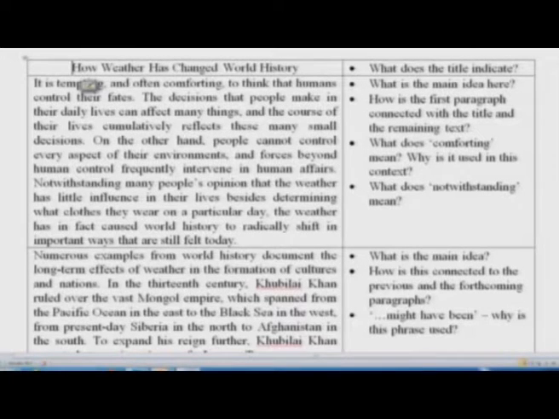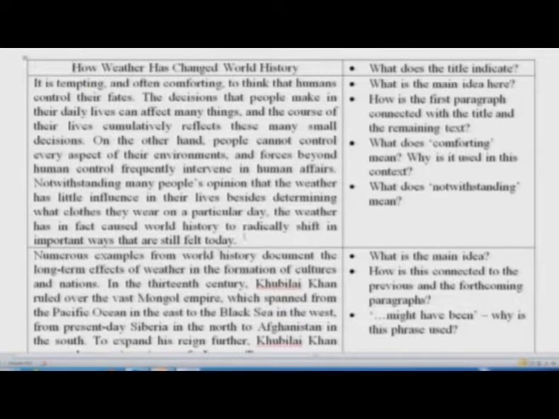On the other hand, people cannot control every aspect of their environments, and forces beyond human control frequently intervene in human affairs. Notwithstanding many people's opinion that the weather has little influence in their lives, besides determining what clothes they wear on a particular day, the weather has in fact caused world history to radically shift in important ways that are still felt today.